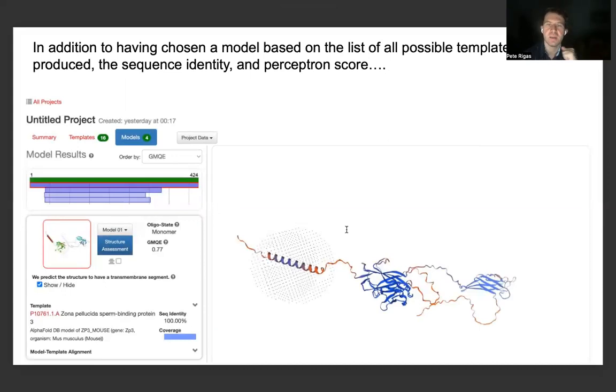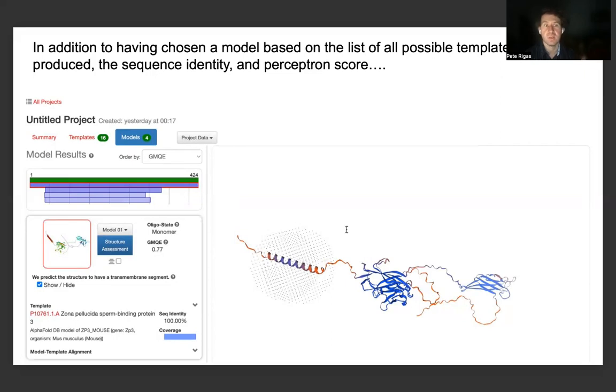And in addition to having chosen a model based on the list of all possible templates, the sequence identity, and the perceptron score, the Swiss model also provides a three-dimensional representation of this compound structure that we can rotate and look at to determine different putative sites of interaction that a ligand can have with a receptor.